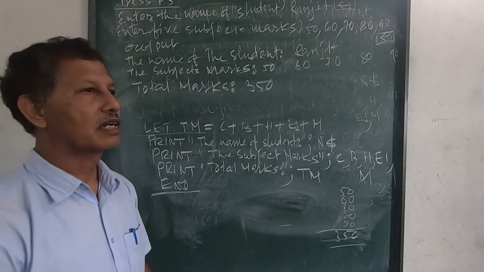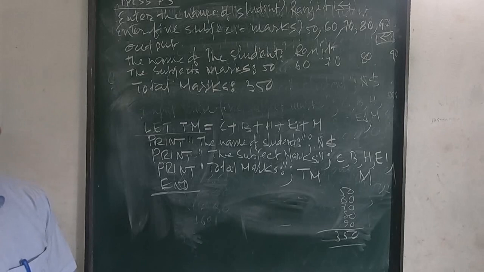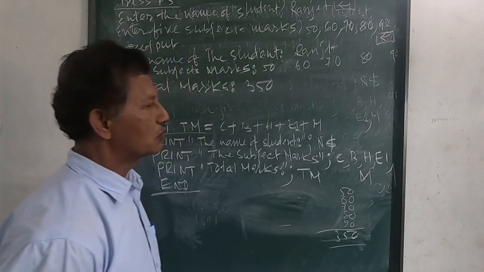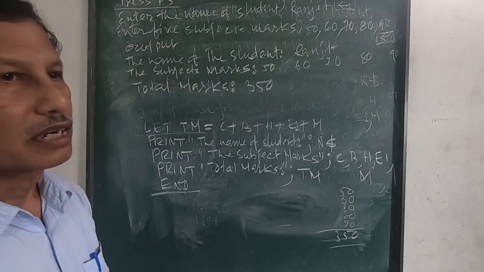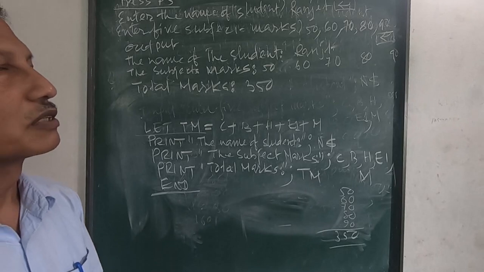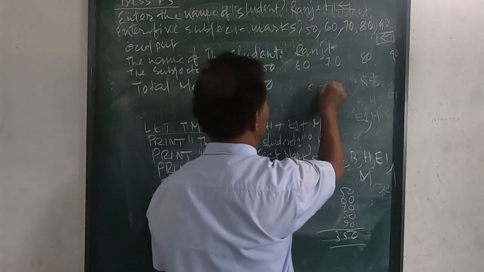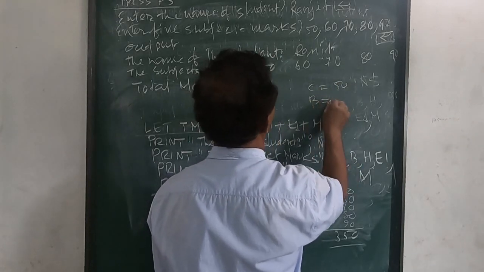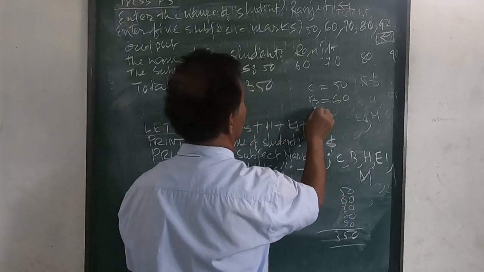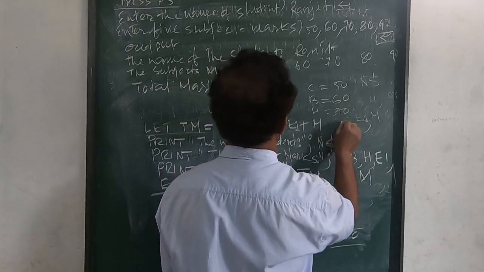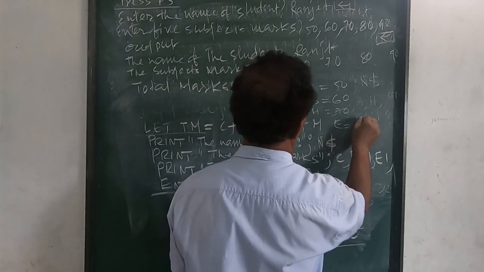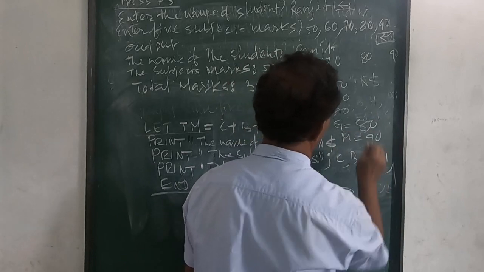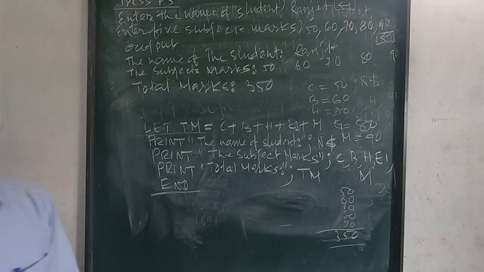You can run this program once again by giving different values for the variables C, B, H, E1 and M. Then you can see that the previous values, C that is 50, B that is 60, H that is 70, E1 suppose 80, maths 90, will get erased, and the present value will be stored.